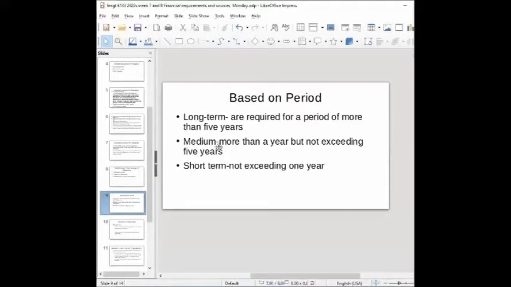Because when you exceed 5 years, this is no longer a medium-term source of fund, but is already classified as a long-term source of finances.